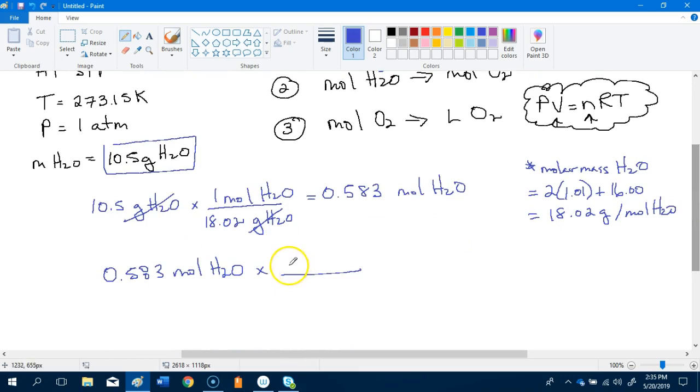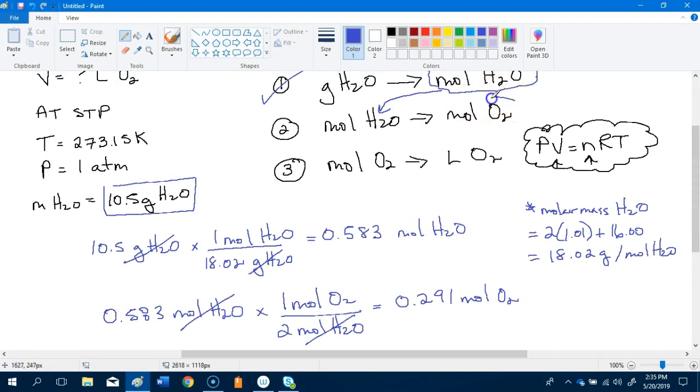So I'm going to use that conversion factor of 1 mole of oxygen for every 2 moles of H2O. My moles of H2O cancel out to give me moles of oxygen, and 0.583 divided by 2 is equal to 0.291 moles of oxygen. So now I have my moles of oxygen.